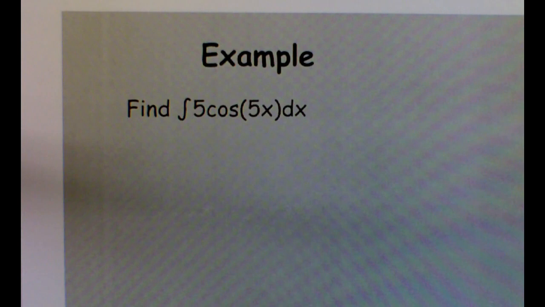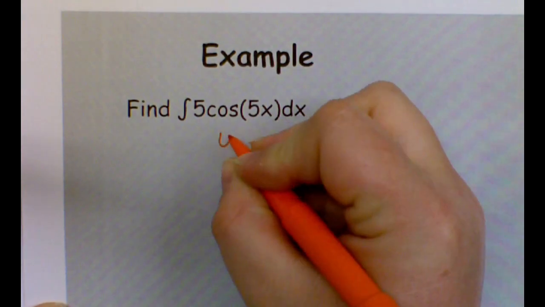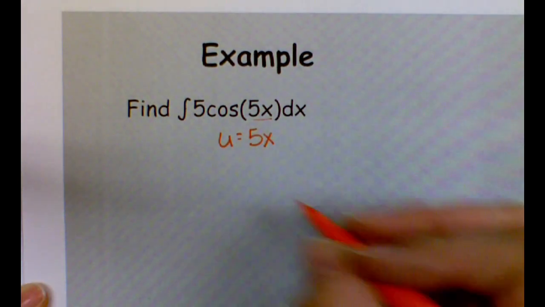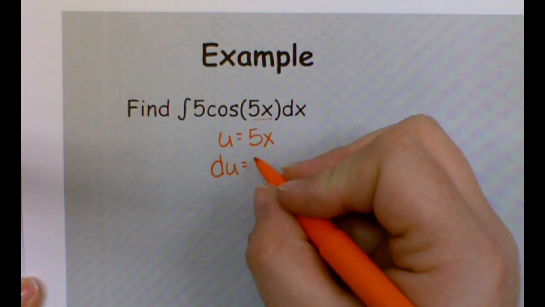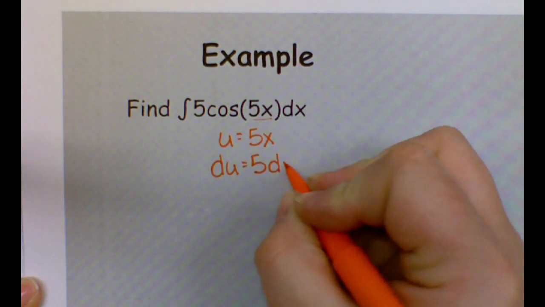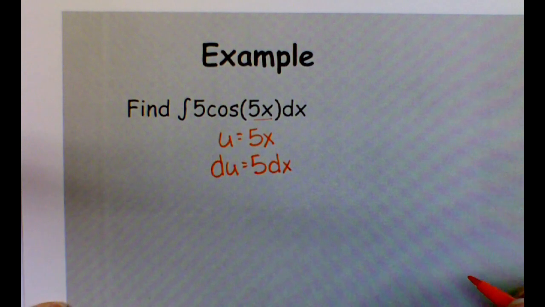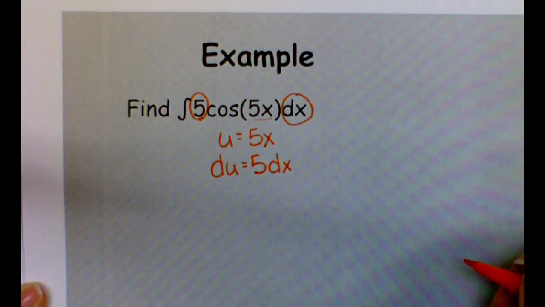And sometimes we need to do this. The antiderivative of 5 times the cosine of 5x dx. If I make u the inside piece, which is 5x, I can say du is the derivative of 5x, which is 5, and then we stick the dx over there. For anti-differentiation, we split apart the du and the dx. I have 5 dx.